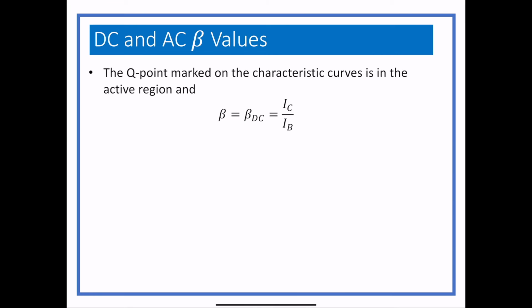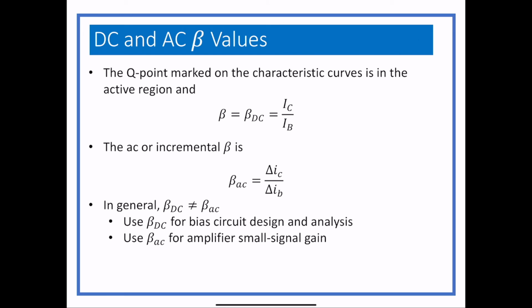But there is another kind of beta that sometimes is encountered, and that's the AC value of beta, which is the change in collector current divided by the change in base current. And most of the time, the two values aren't equal, depending on the situation in which you're using the circuit.